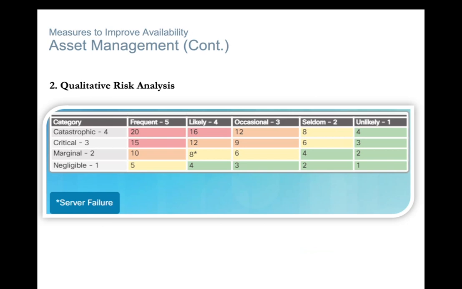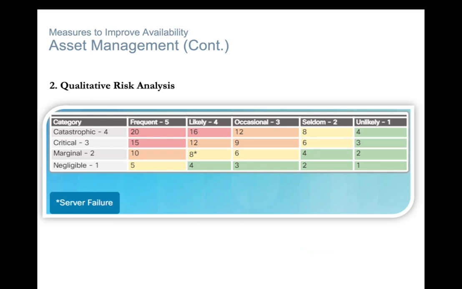This figure provides an example of a table used in qualitative risk analysis, which plots the likelihood of a threat against its impact. For example, the threat of a server failure may be likely, but its impact may only be marginal.